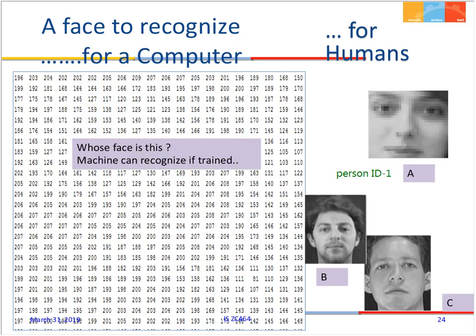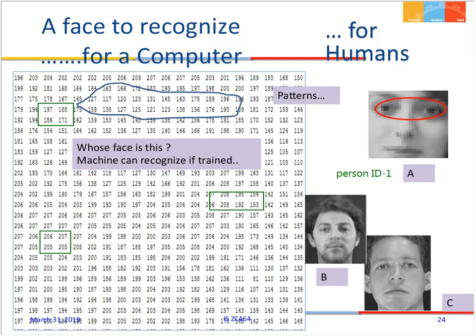Patterns for humans could be eyes and so on, but a pattern for a computer is a sequence of numbers. This is the feature vector that it has to build: X1, X2, X3, etc. It may pick up these 4 values, then these 4 values, and then these 6 values, let us say.